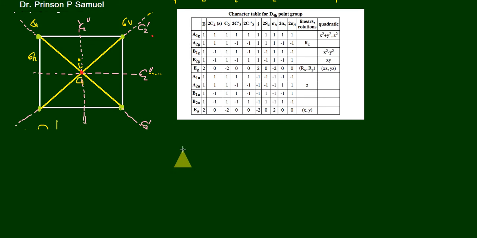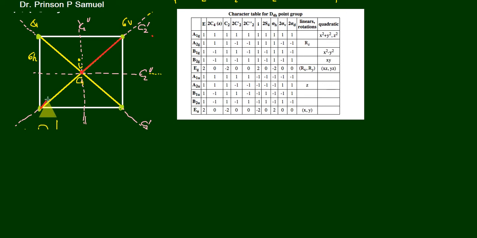What I am going to do is consider 4 bond vectors in this one. Bond vectors means the vectors passing through the bonds. This is one bond vector, this is another bond vector, this one.